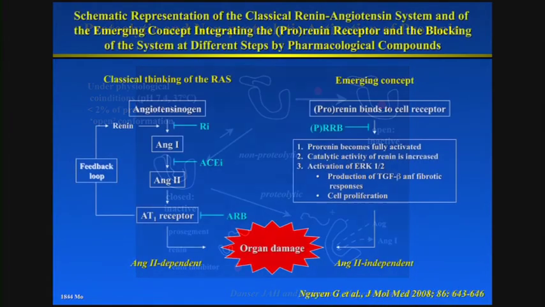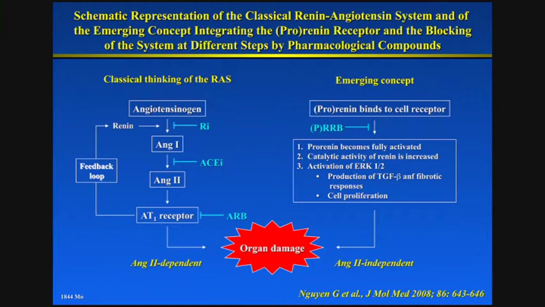Also, it is important because we understand nowadays that there are renin and pro-renin receptors, and the occupancy of these receptors may have its own effect independently from the classical cascade that you see on the left side of this slide.